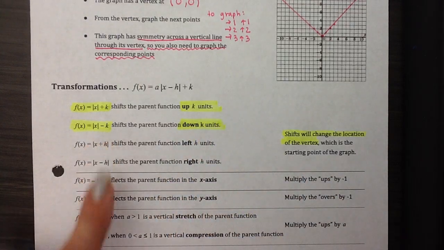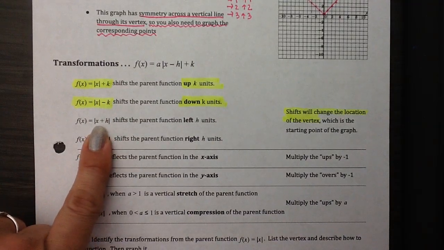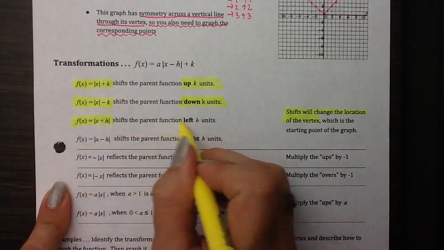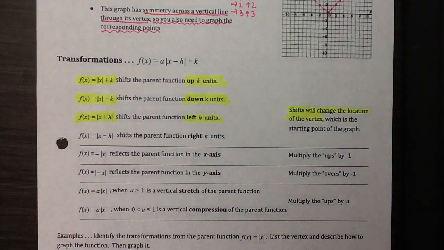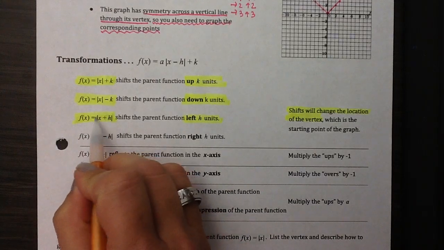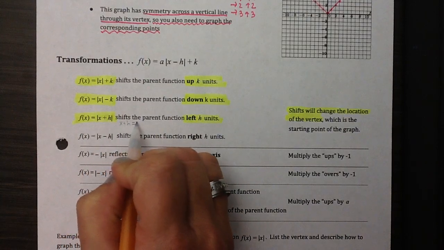But if I have a number added inside the absolute value, it's going to shift the graph left. So one way to think about that is to take your stuff that's inside this absolute value and set it equal to 0.